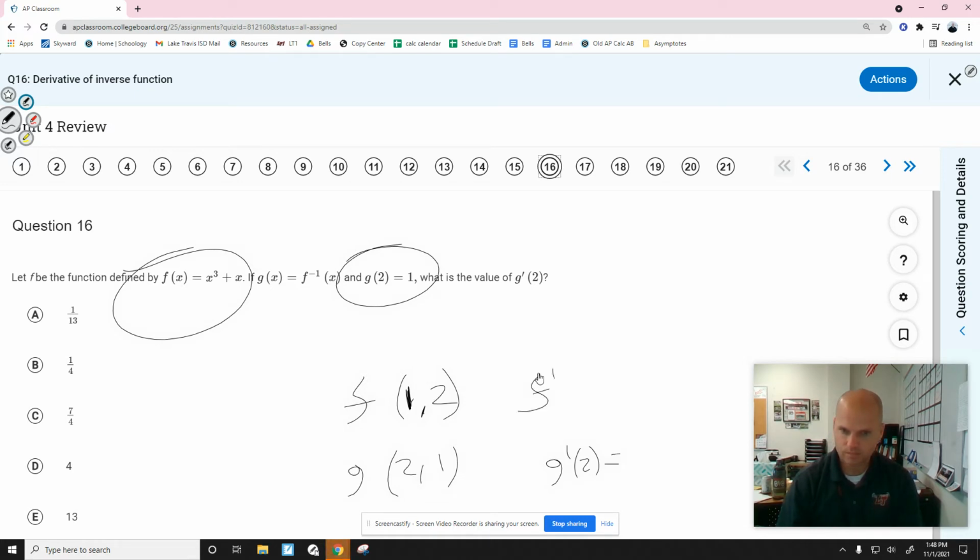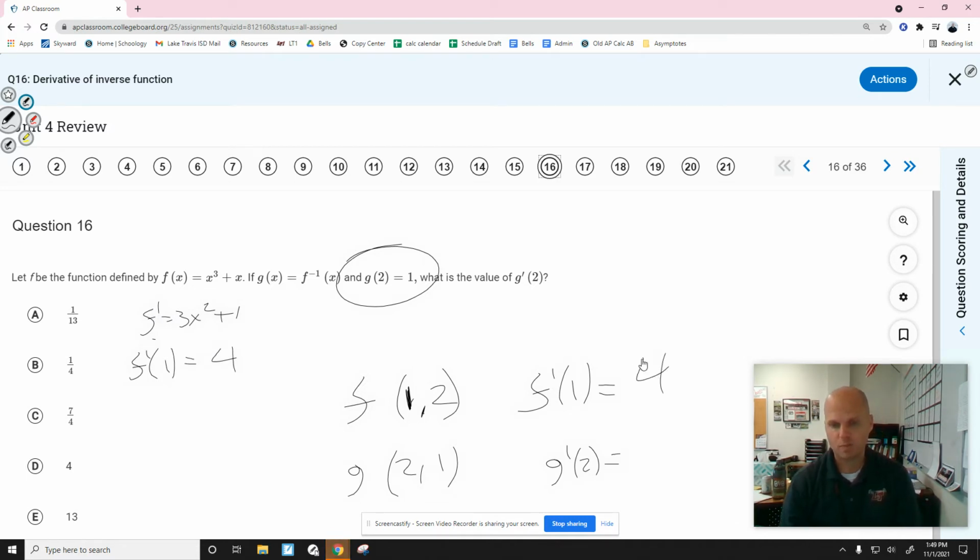Flip-flop points. You need f prime of 1, not f prime of 2. But they did give you that point on g rather than the point on f, which you're used to. f prime, 3x squared plus 1. f prime of 1 is 4. g prime of 2 has to be 1/4.